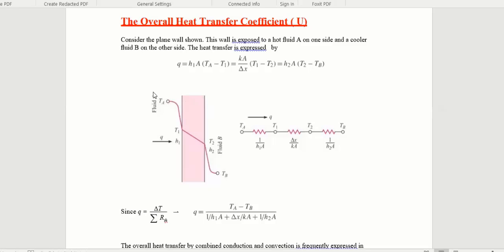This is a plain wall, that is a solid wall, and this side again there is fluid. Fluid means atmospheric air, you can say. Now when the heat flows from fluid A to fluid B, what will be the electrical network? This we will be seeing.